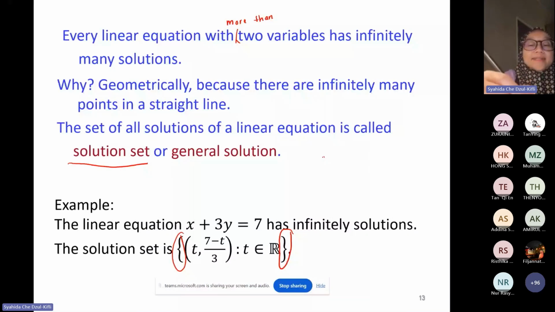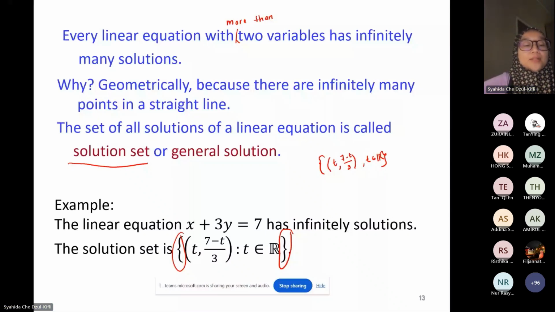A set of two-tuples, where the first component is t, and the second component is (7 minus t) over 3, where t can be any real number.